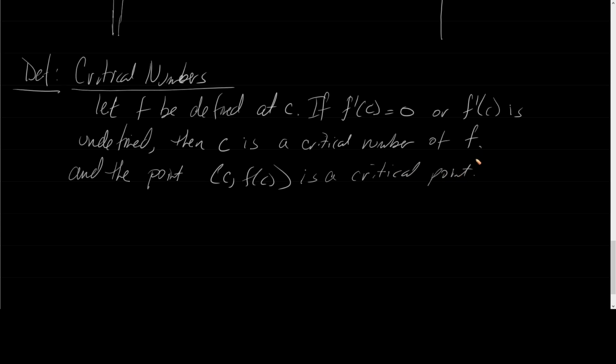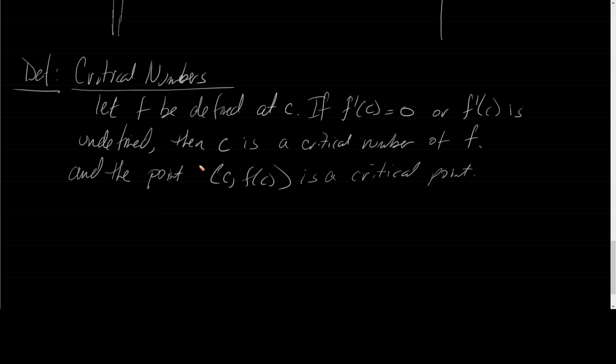So what is this saying? We're saying that the function f is defined at C, so C is in the domain of f. However, f prime of C is 0 or it's undefined. That gives us some restrictions as to what's happening with the derivative.